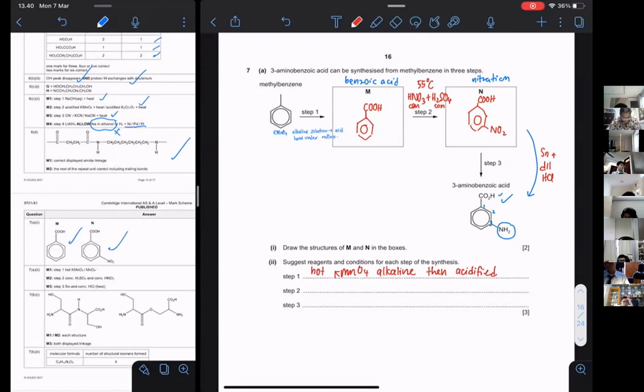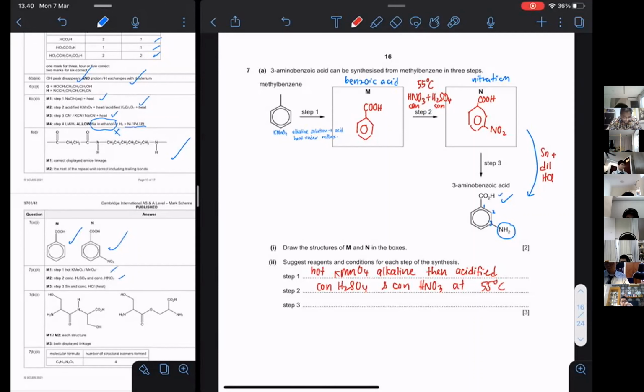And then for step number 2, concentrated H2SO4 and concentrated HNO3 at 55 degrees Celsius. They didn't mention that also.